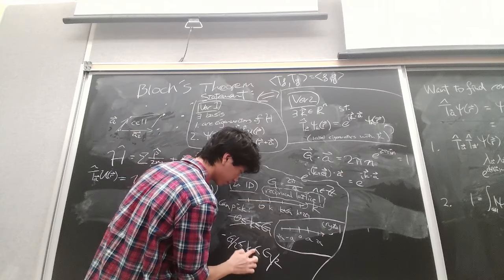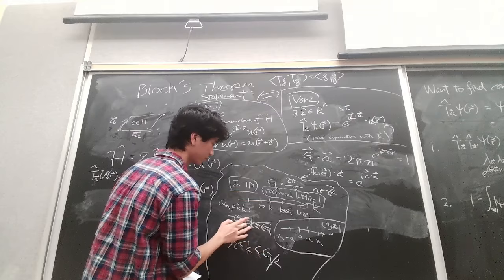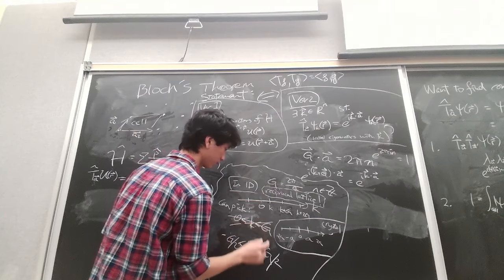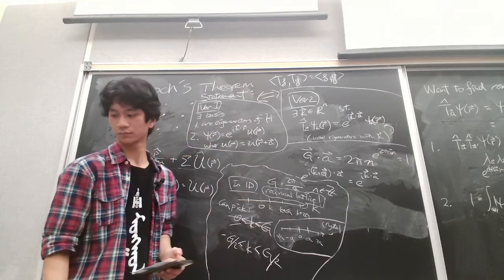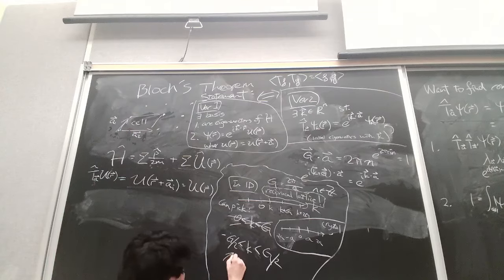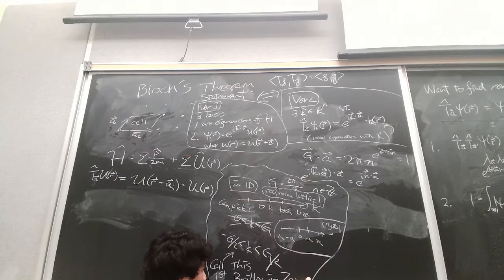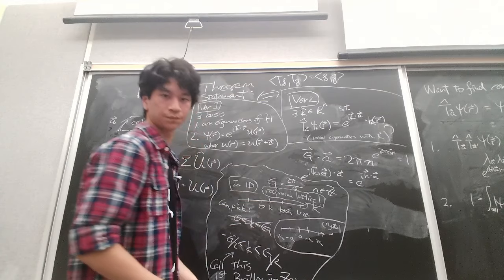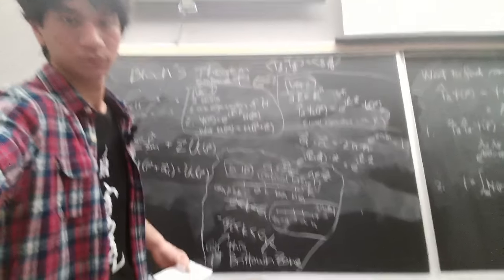So what you're trying to do with this Brillouin zone business is, okay, I am trying to label my eigenvectors using my eigenvalues using k. However, I find out very quickly that choices of k which differ by this reciprocal lattice vector give me the same eigenvalue. So k and k plus g correspond to the same eigenvalue, which is a problem. So I should restrict my attention only to a region where no two points are equivalent.